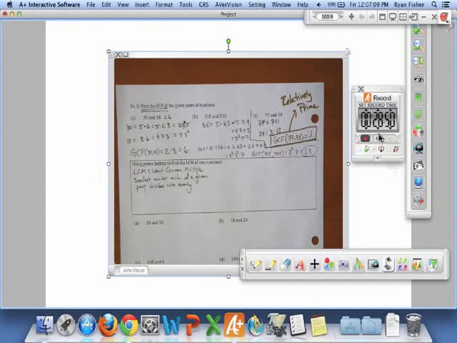How do you calculate that? Well, if you know the prime factorization, it's pretty easy.